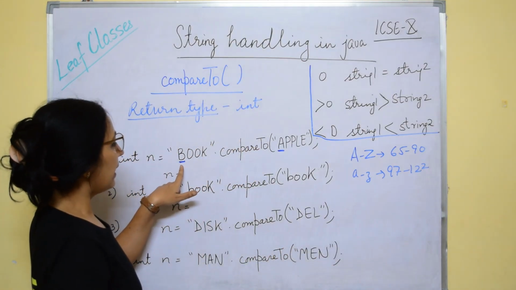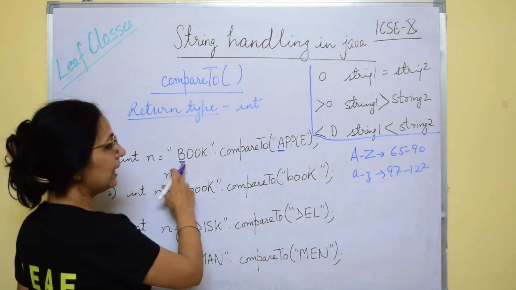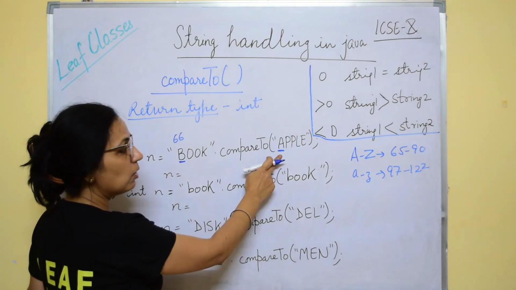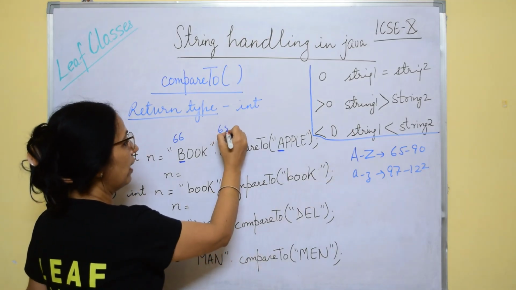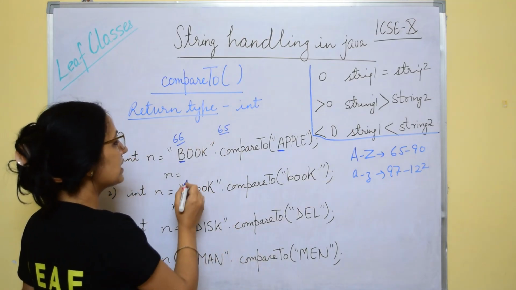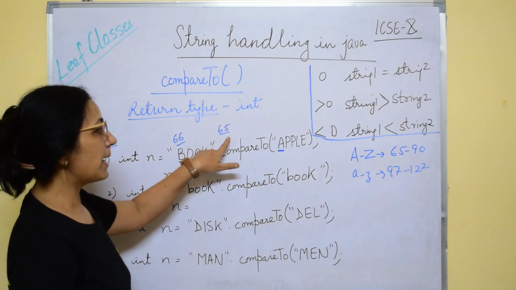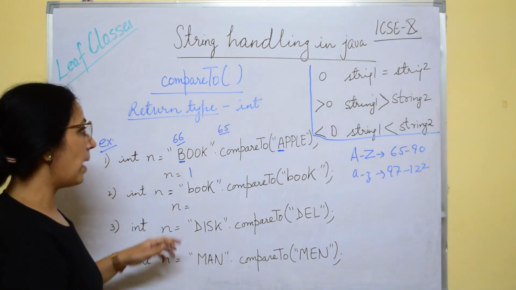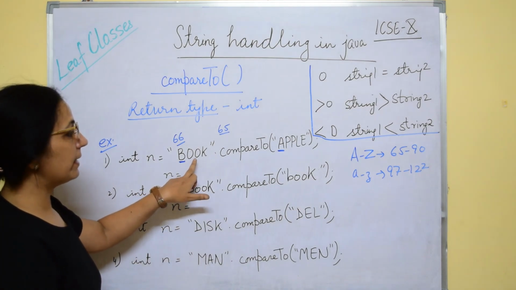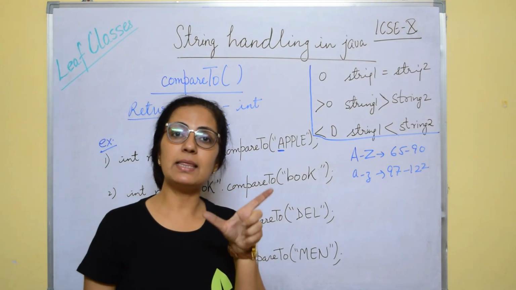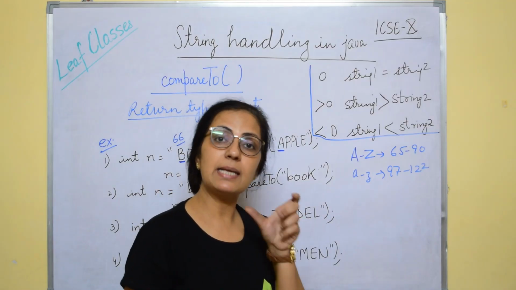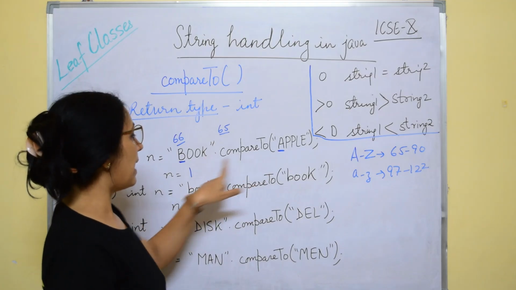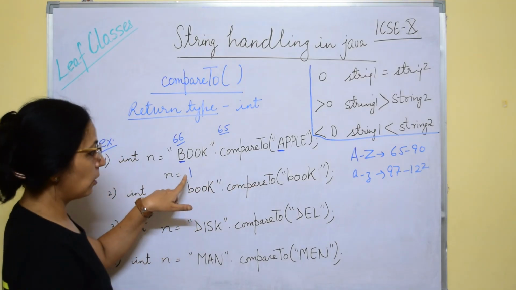Now here the ASCII value of capital B is 66 and the ASCII value of capital A is 65. Now what it will do, it will subtract 66 minus 65 and the answer which you will get is 1. So string 1, if it is bigger, bigger doesn't mean lengthwise, bigger means according to the ASCII code. So if this string is bigger, the answer will be positive, so greater than 0.